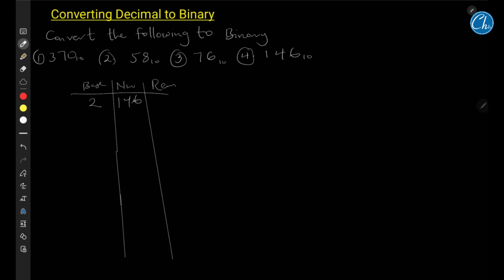So how many times will 2 go into 146? Let's expand it. 100 plus 40 plus 6. That is 146. So now divide all by 2. This will give us 50 plus 20 plus 3. Put it all together, you get 73.